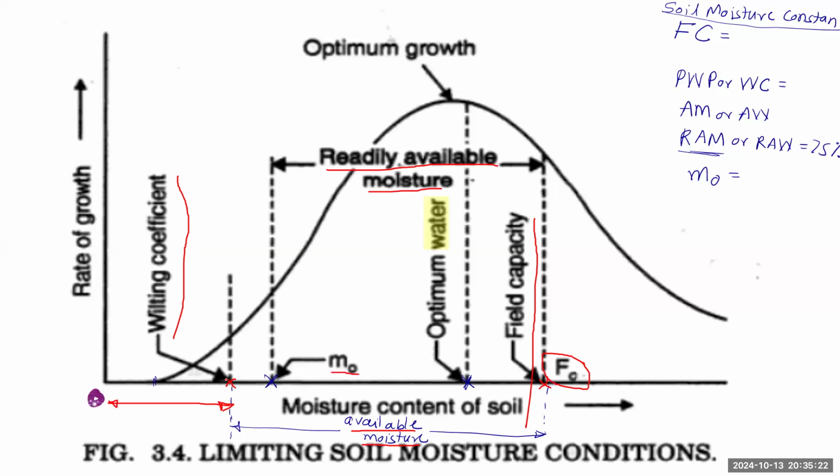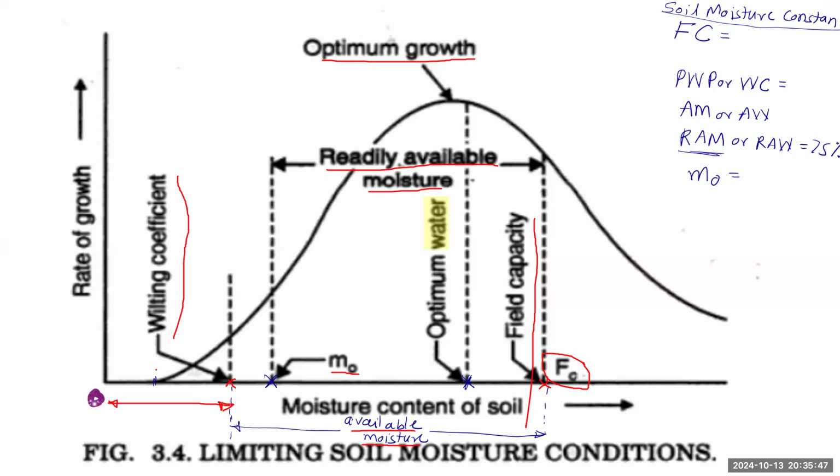So this figure is self-explanatory, and we know that if there is readily available moisture, then the growth of the plant is optimum. If the readily available moisture is maintained in the soil, there will be optimum water content in the soil, and hence the rate of growth will be the highest.